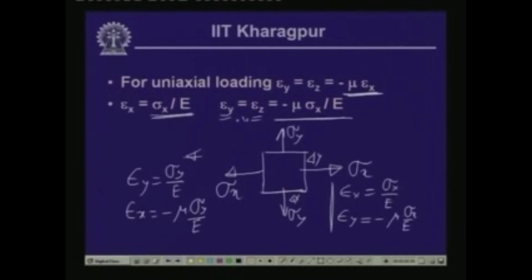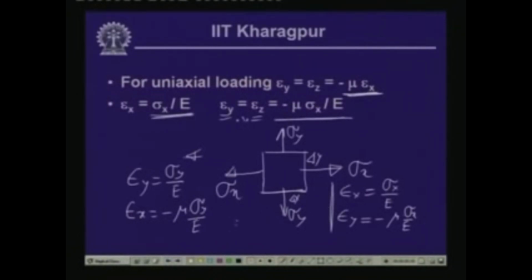Now, if we consider the case when this plate element is being subjected to sigma x and sigma y simultaneously, when it is under the action of pull in the x as well as in the y direction, then we can superpose the effect of these individual results, because we are within the proportional limit or within the elastic limit.